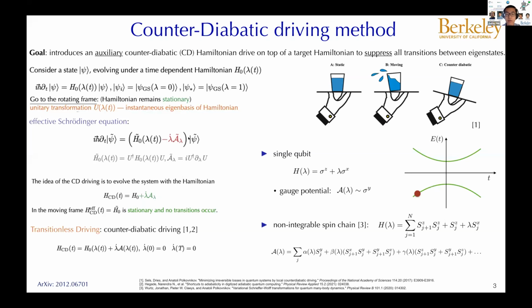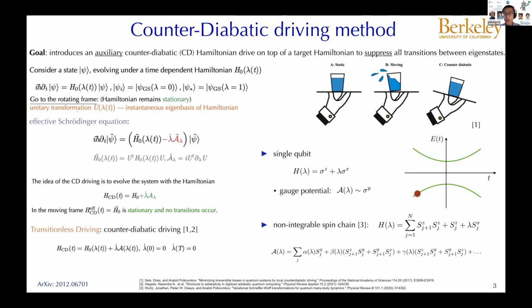So that means the idea of the CD is to compensate the Hamiltonian with these auxiliary terms, and the effective Hamiltonian will go back to the original H0. So then the dynamics there is stationary and no transition will occur. So here is an analog of the adiabatic computation and the CD driving. In the adiabatic evolution, you have to be slow.